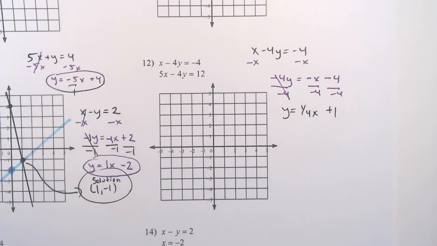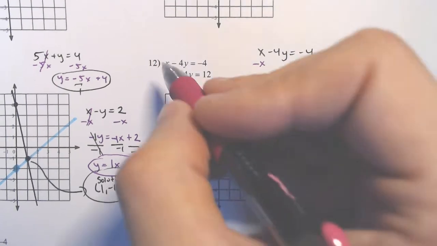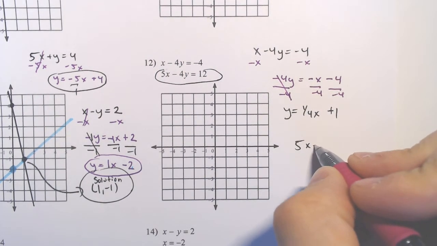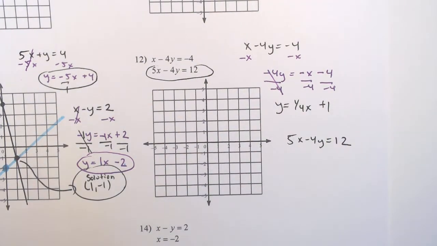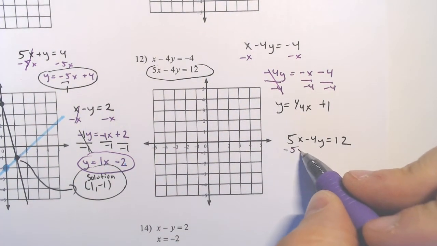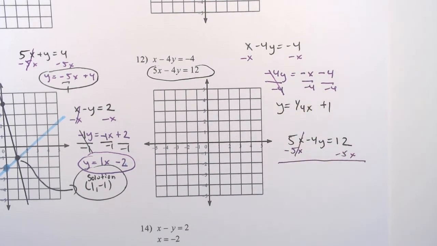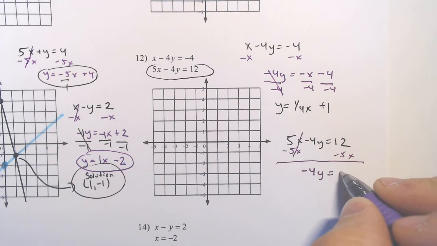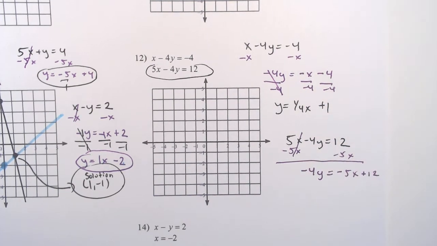One equation down. I still haven't dealt with this one. I got to do that one now. 5x minus 4y equals 12. Subtract the 5x from both sides. Negative 4y equals negative 5x, not minus, plus 12.